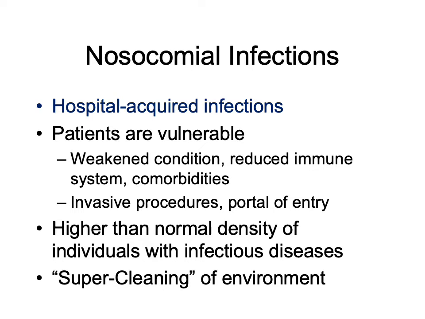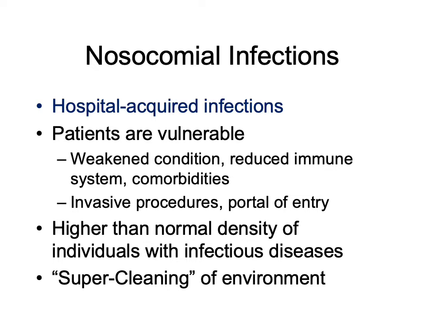When a patient goes into the hospital, they are very vulnerable. Their immune systems may not be at their strongest. They have a reduced immune system. They are in a weakened condition. They may be under great stress. They may have comorbidities, which means they have additional factors influencing their health.